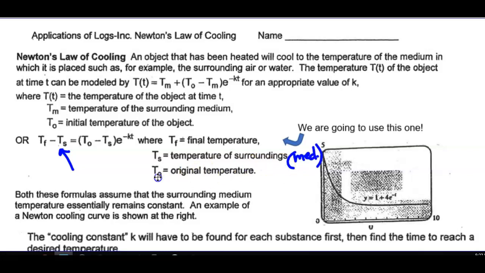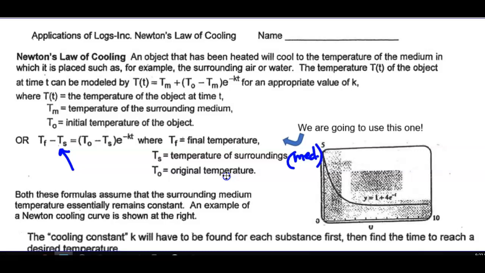It means the same thing. I will tell you that both of these formulas assume that the surrounding medium temperature essentially remains constant. So these are actually kind of an oversimplification of what happens because, for example, when you take a pizza out of the oven and set it on the counter, it doesn't really heat up your room very much.